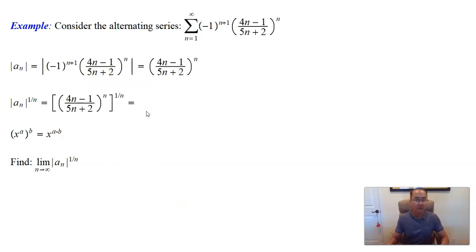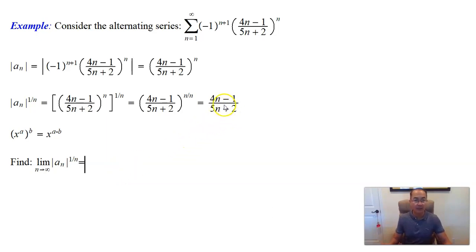So when you multiply those exponents together, you are simply going to get to the power n times 1 over n, which is of course simply 1. So we get 4n minus 1 over 5n plus 2. Okay, and we're back to something that we have seen many times before.